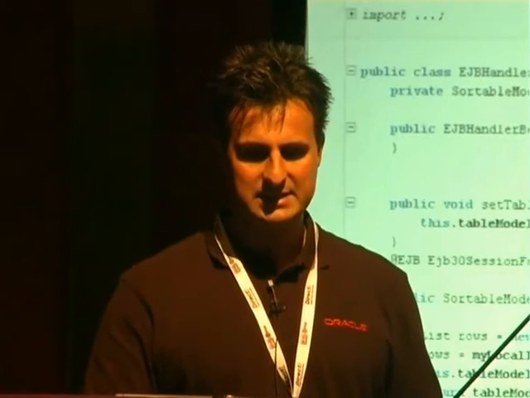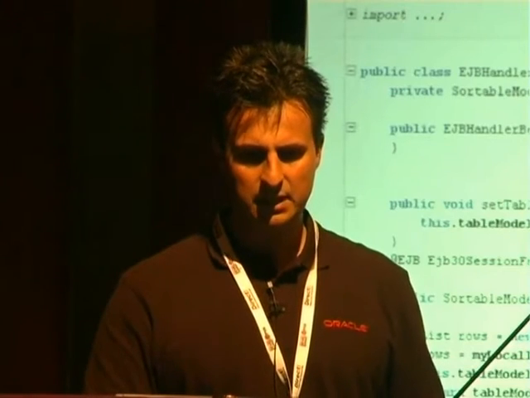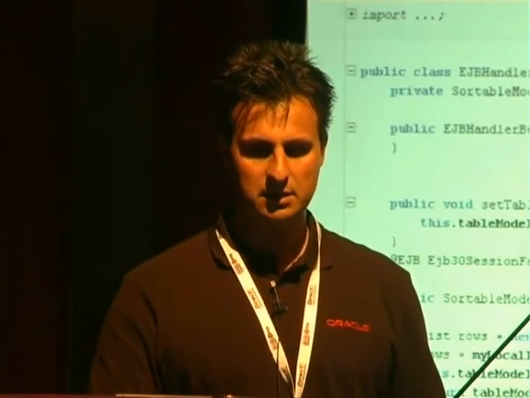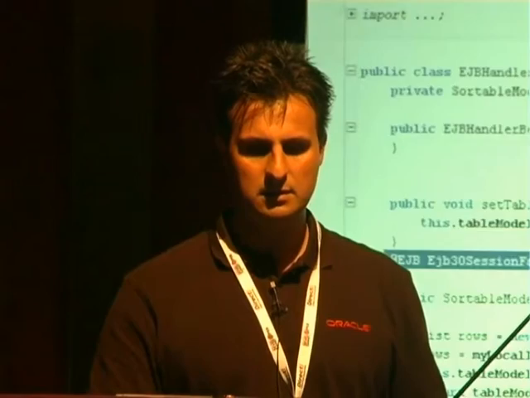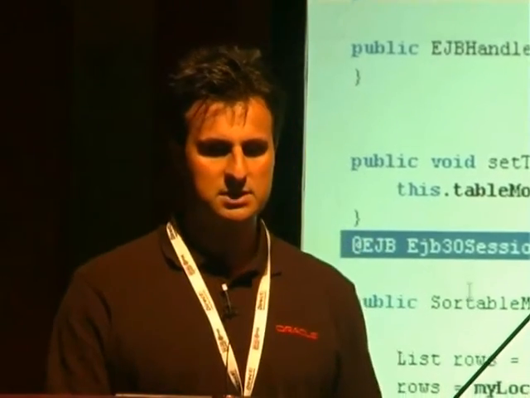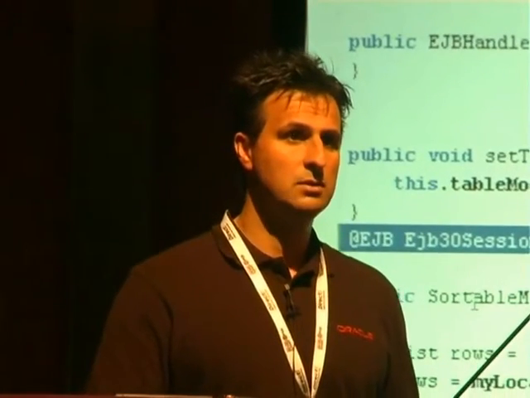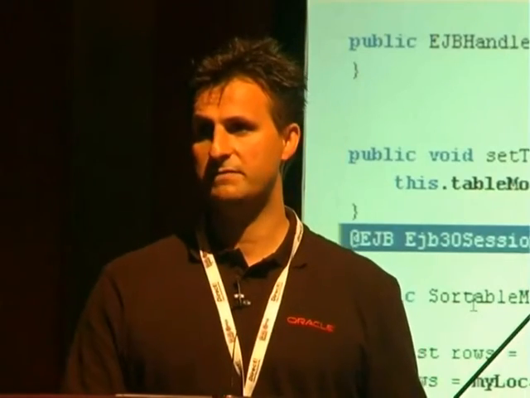And this model, in the most common case, is the managed bean. So I do have a managed bean to create the table model, but for the managed bean to get data, it needs to have access to the session facade. And in this line, I use, as you see, an annotation to point it to a specific interface.